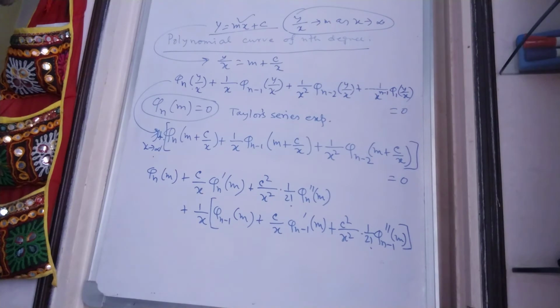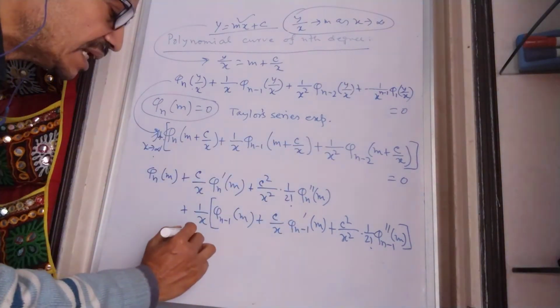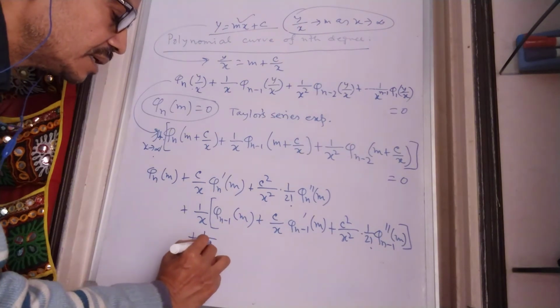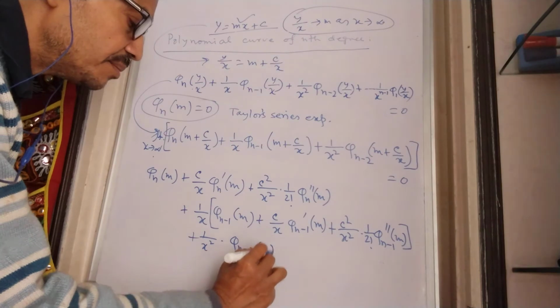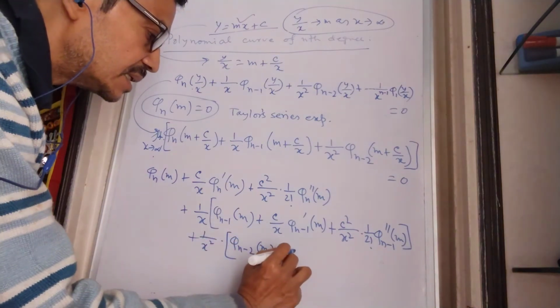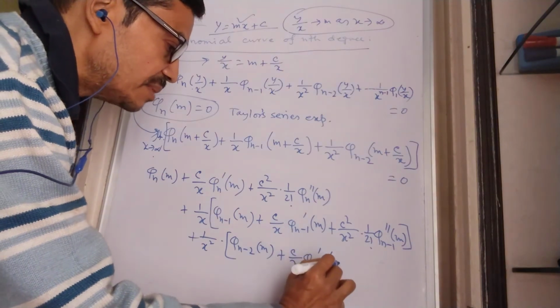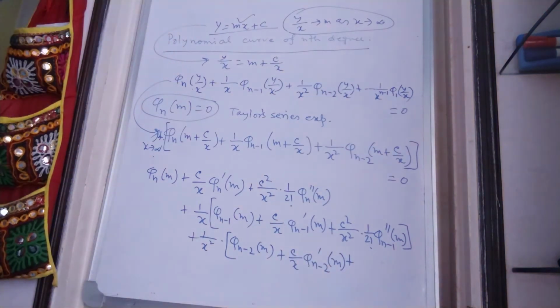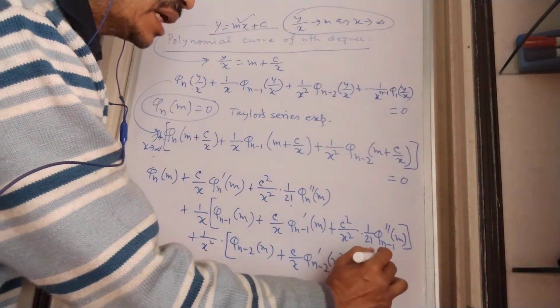We are just keeping these three terms only. What about this term? Similarly, we have 1 by x square into phi n minus 2 m plus c by x phi n minus 2 prime m plus, I am not writing this term, you can write it.